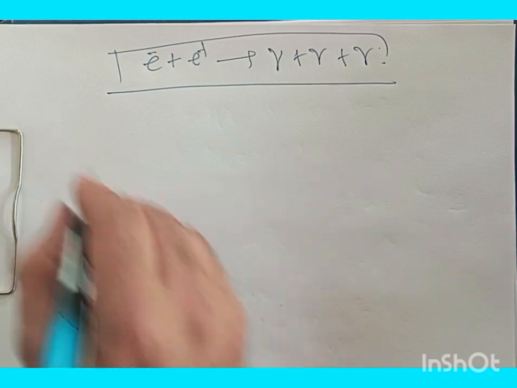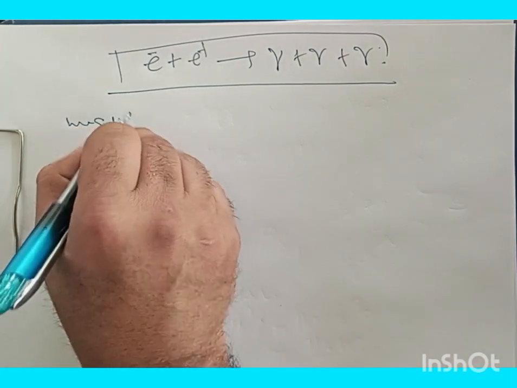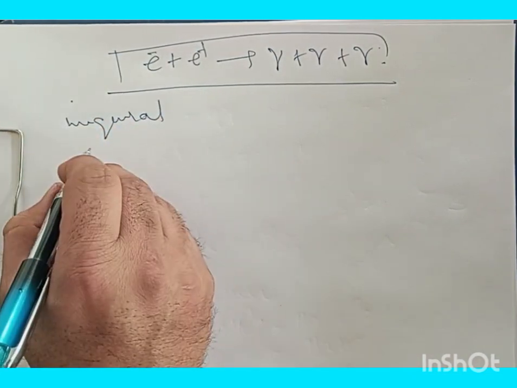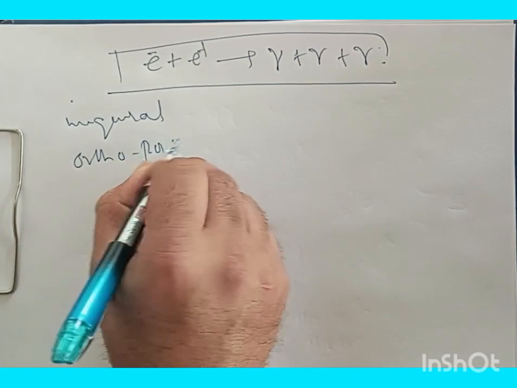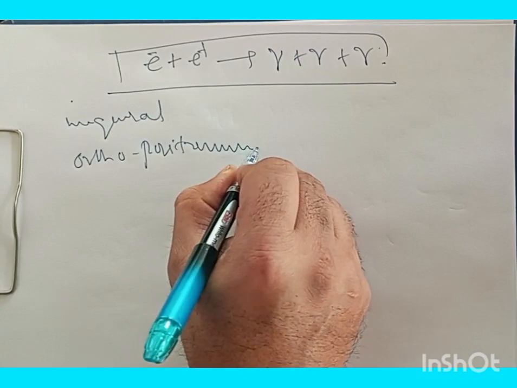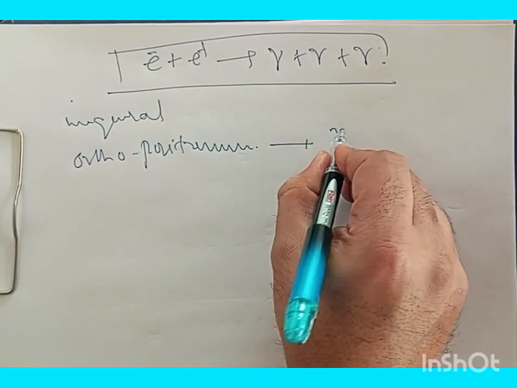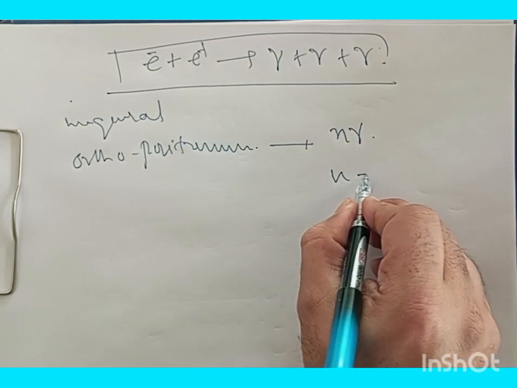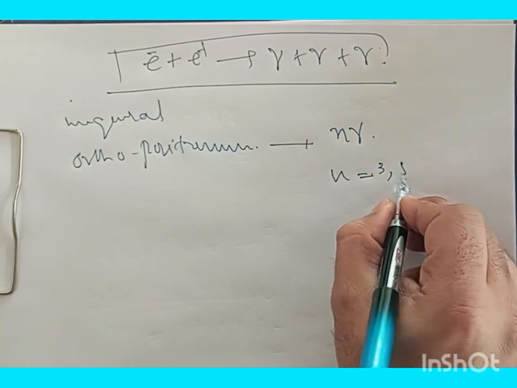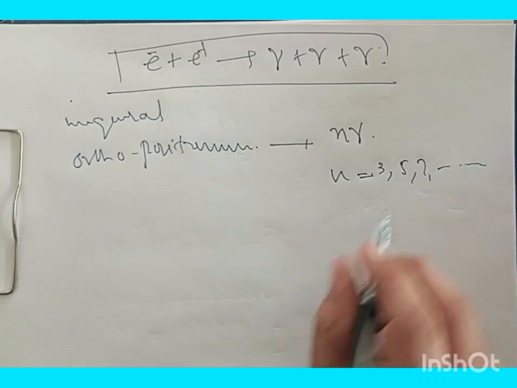In general, for this orthopositronium, we will have n gamma ray photons, but what is essential here is that this n should be 3, 5, 7. They should be odd numbers.